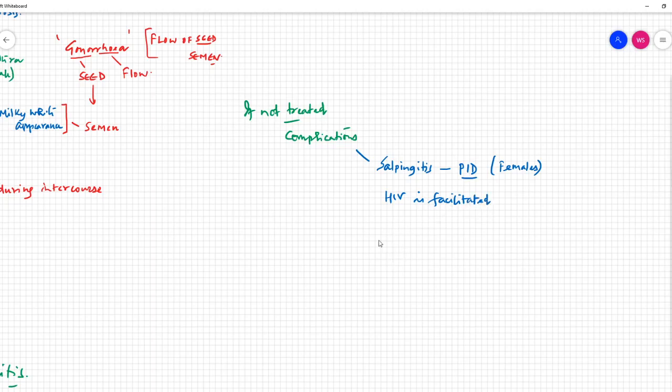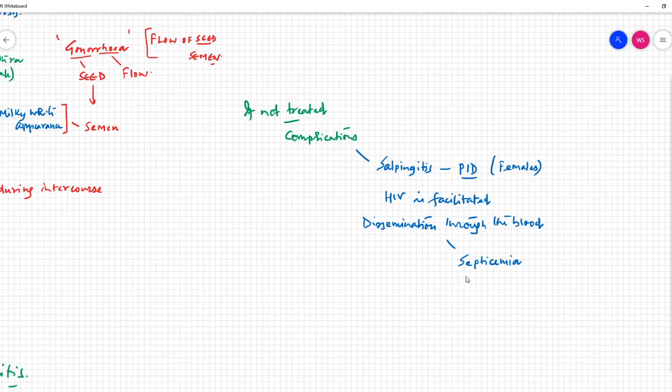What else can happen? If it is not treated, it can lead to dissemination through the blood, and that can lead to systemic infections. The most serious one being septicemia.